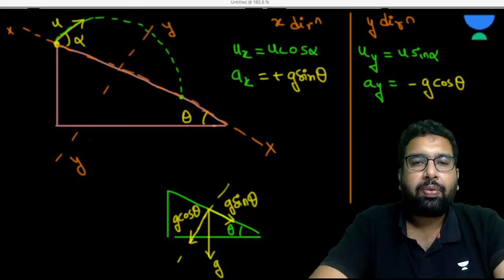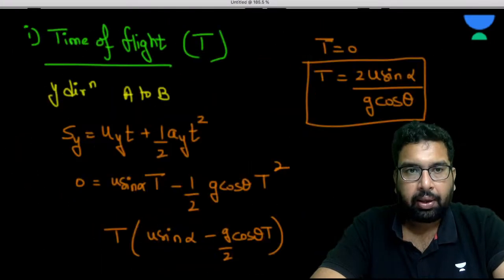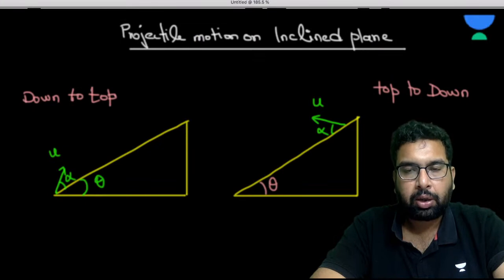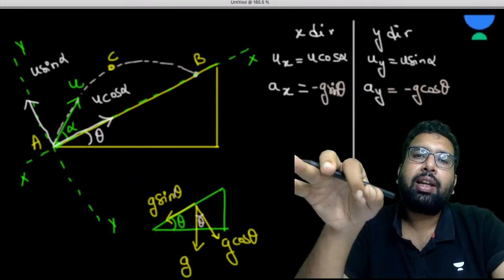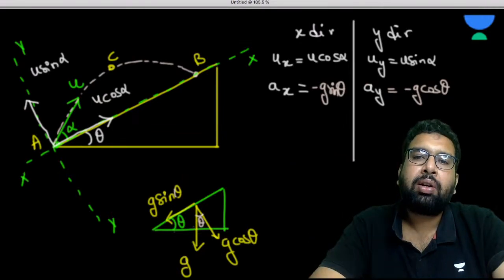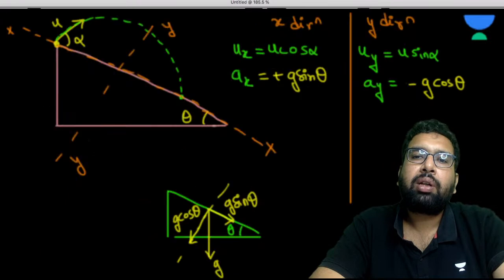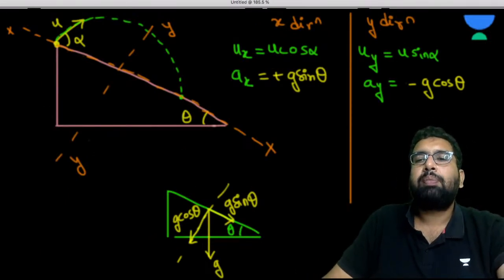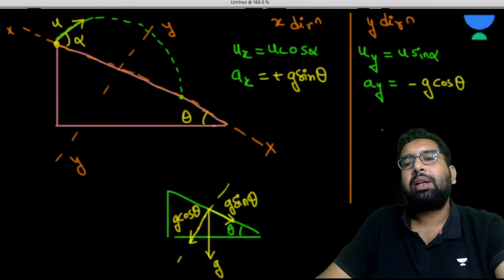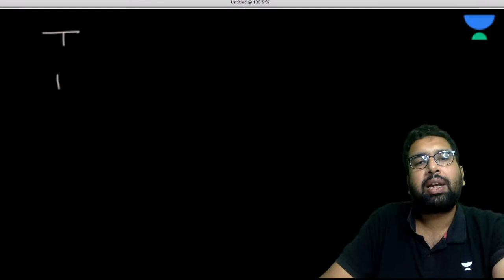Now if you see the top to bottom also, if you see the down to top motion also, in y direction the initial velocity and acceleration remain the same. So what does that mean? It means that we are going to get the same t and the same h in both the cases. How come?